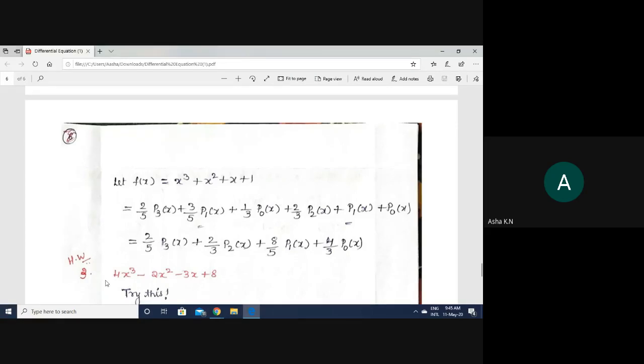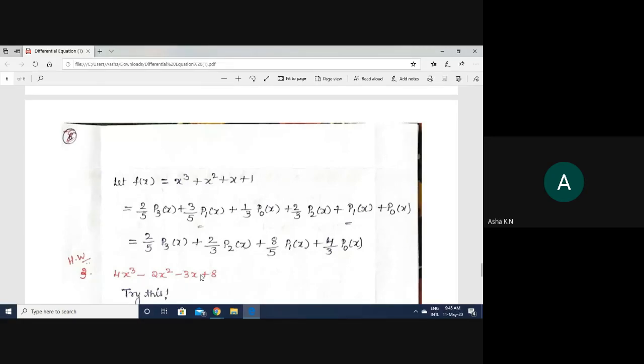Write this. Formula I will show you now. Have you all written? 4x cube minus 2x square minus 3x plus 8. Hope you have written.